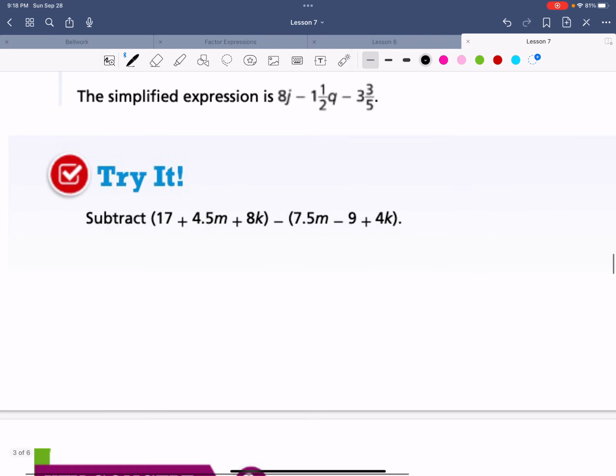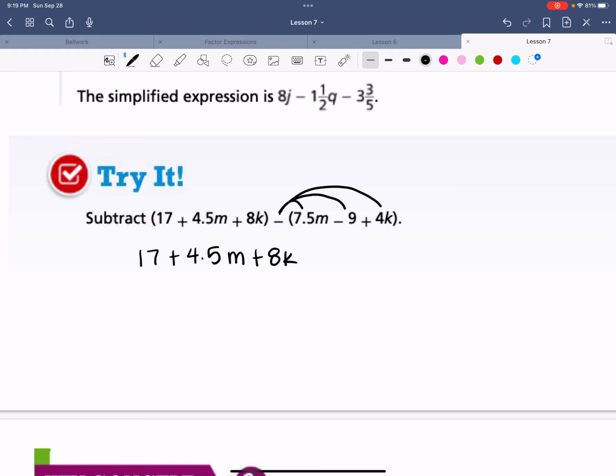So let's try it again here. Step 1, distribute the negative. So here it goes to each term behind it. So I keep the first expression exactly the same. So I still have 17 plus 4.5m plus 8k. And now basically it just turns every number into what it's not. So here 7.5m is positive.